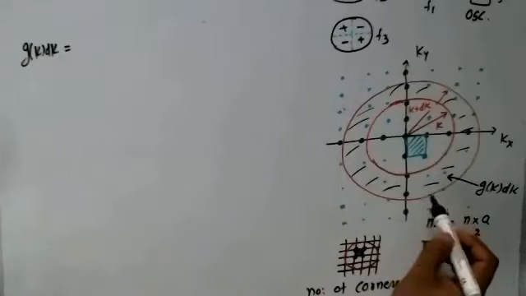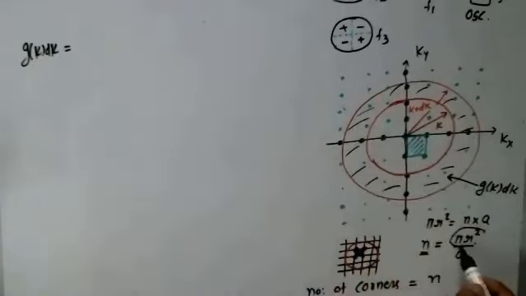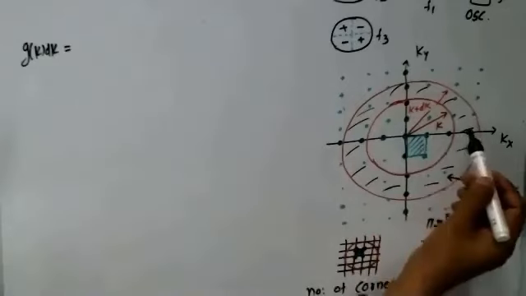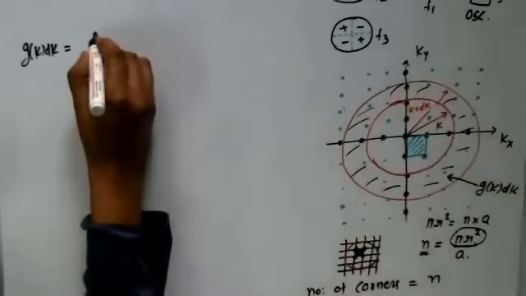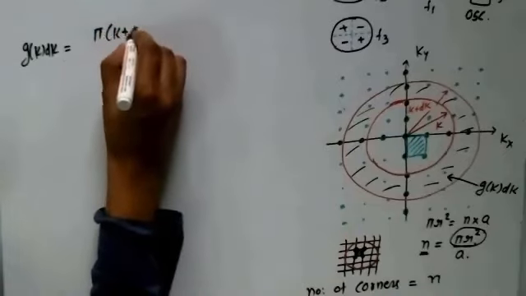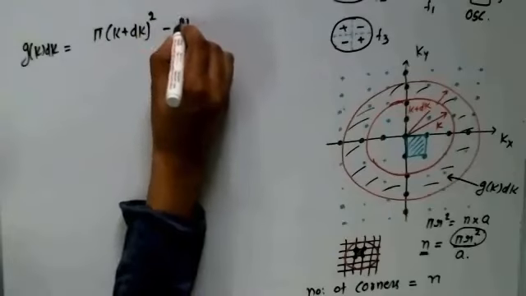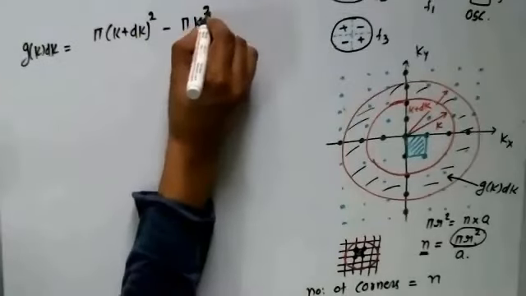नंबर ऑफ स्क्वायर्स इन दिस एनुलर रीजन। तो इस एनुलर रीजन का एरिया निकाल लो, वो कितना आएगा? बड़े सर्कल के एरिया माइनस छोटे सर्कल के एरिया। The area of the bigger circle is pi (k plus dk) whole square minus area of the small circle is pi k square.